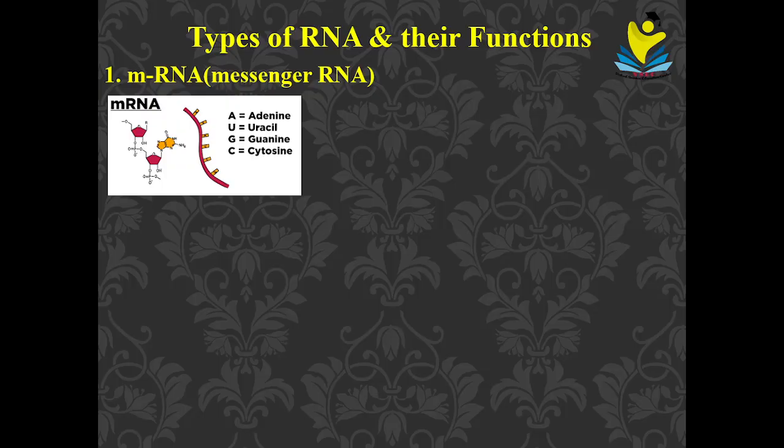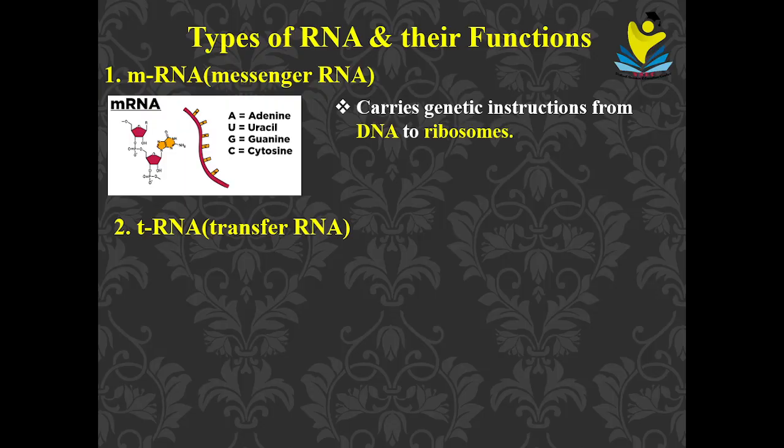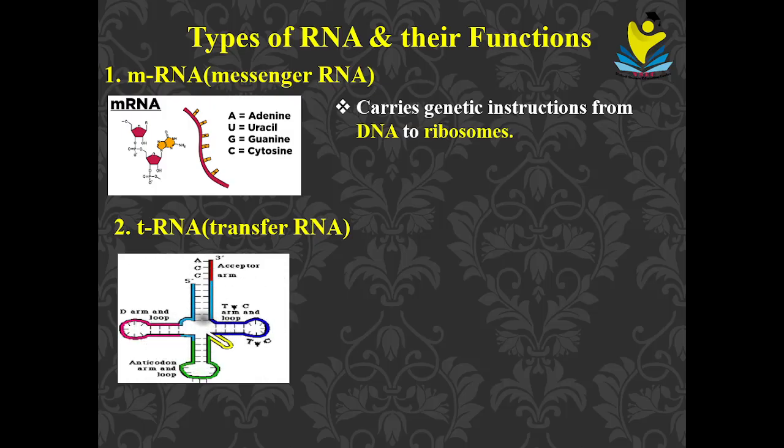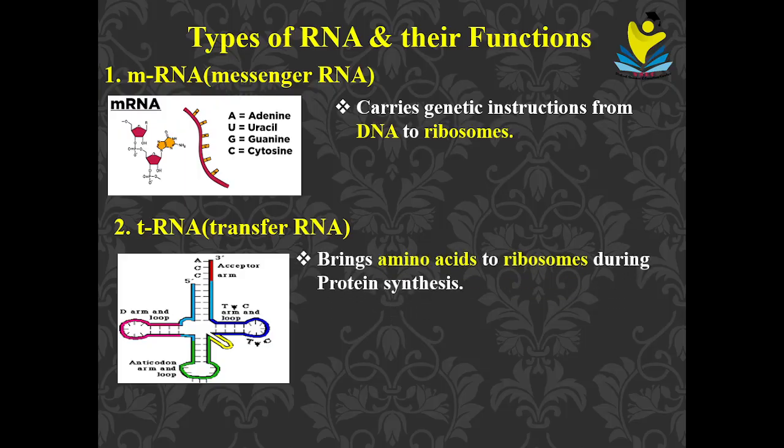Its function is to carry genetic instructions from DNA to the ribosome. Another RNA type is tRNA, or transfer RNA. In the second picture you can see the structure of that. Its function is to bring amino acids to the ribosome during protein synthesis. Okay, let's go to the next slide.